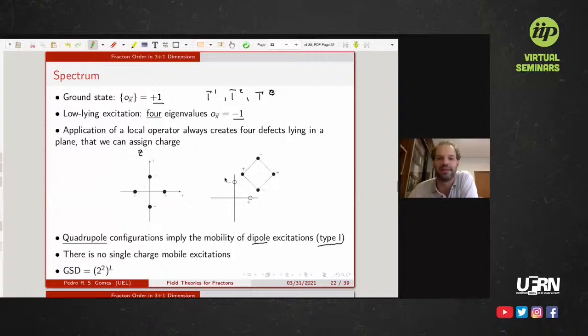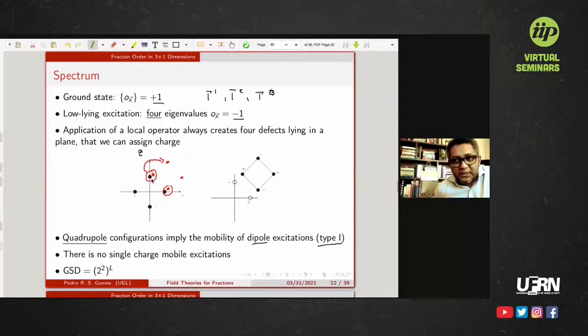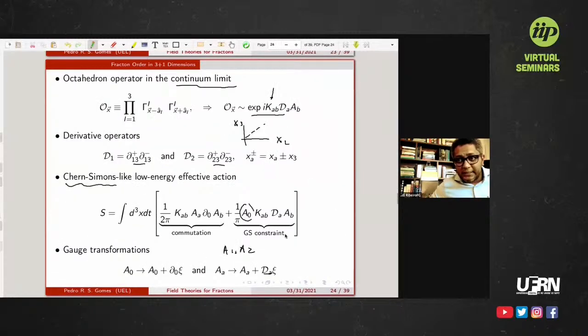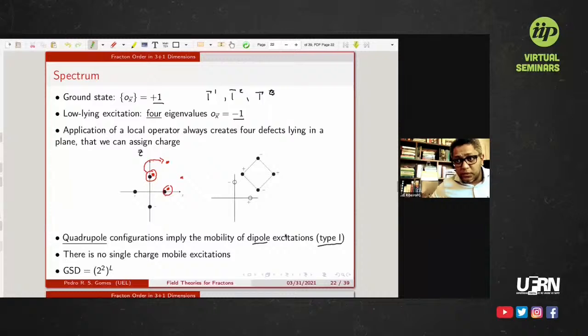You just produce another configuration like this, precisely at this position. These two charges will annihilate each other, and the global effect is the dipole jumping from here to here. Because of this quadrupole configuration, we can find mobility of dipole excitations.